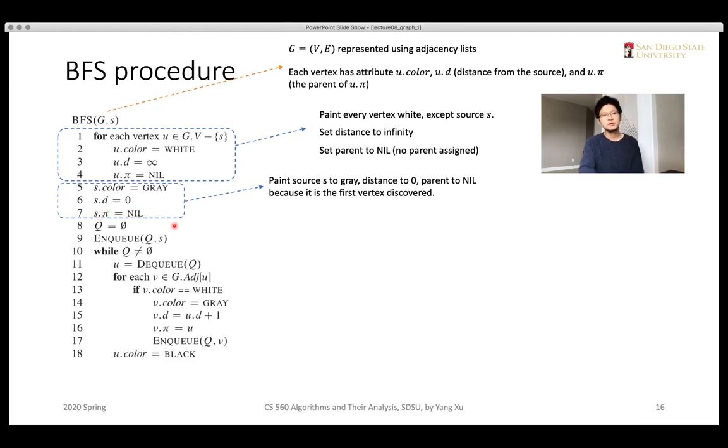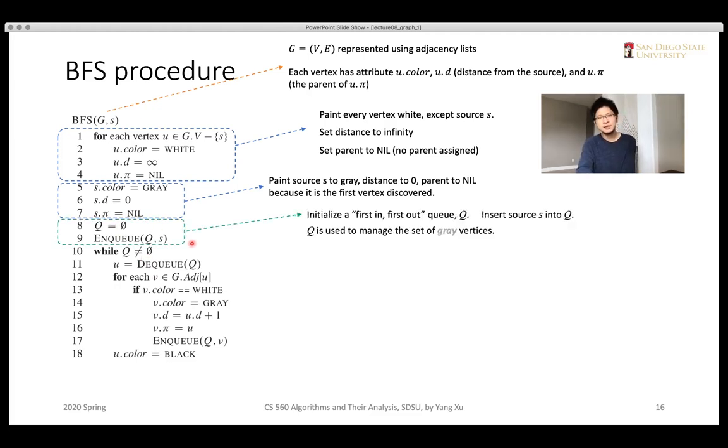So line 7 is quite straightforward initialization, and everything from line 8 on serves the function of visiting all the possible vertices in the graph. In line 8 and line 9, we initialize a queue data structure.